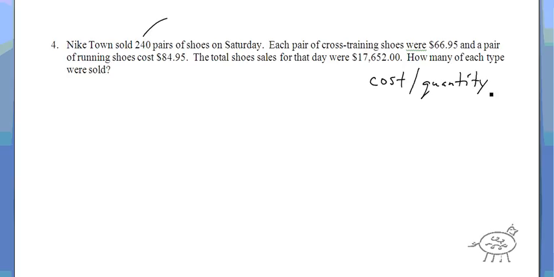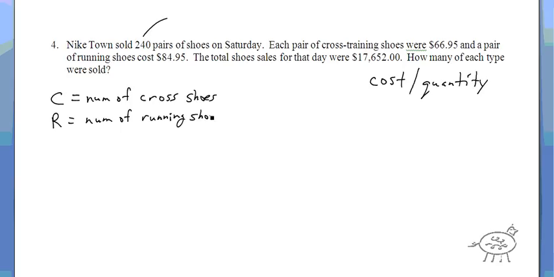All right, so look at the question. How many of each type were sold? So we have C is equal to the number of cross-training shoes, and R equals the number of running shoes.